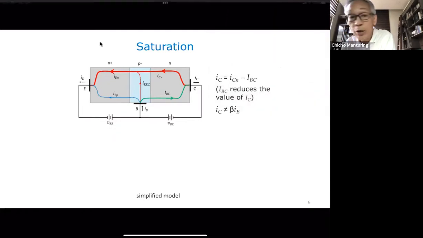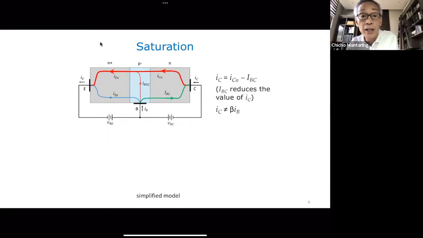Okay, we use this figure in explaining the different current components in an NPN transistor. The difference now is I'm showing this figure in saturation. Notice that VBE forward biases the base emitter, and VBC forward biases the base collector.